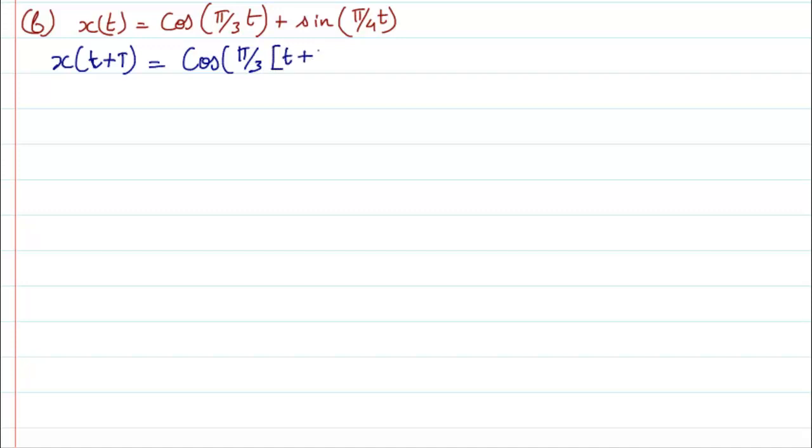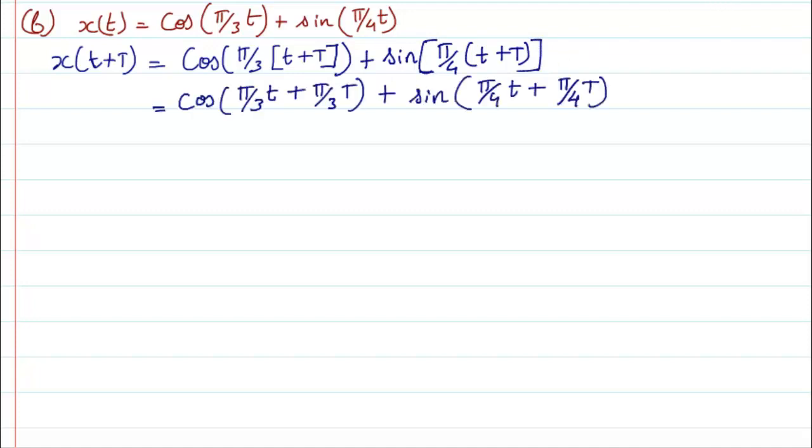So I will write small t plus capital T. And similar is the case with sine of pi by 4 into small t plus capital T, which now I can expand within the brackets, and I will get cos of pi by 3 t plus pi by 3 capital T plus sine of pi by 4 t plus pi by 4 capital T. Now this is the signal x of t plus T.